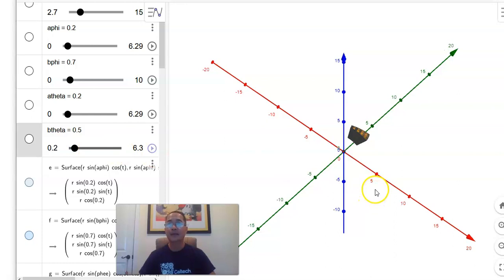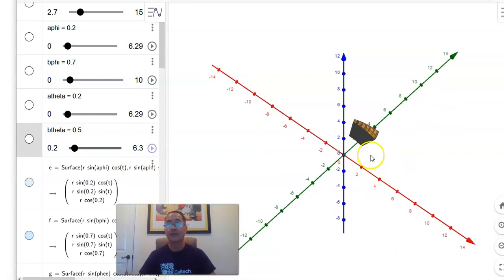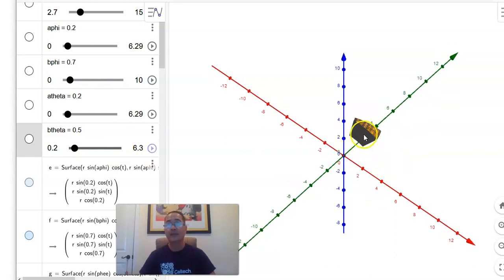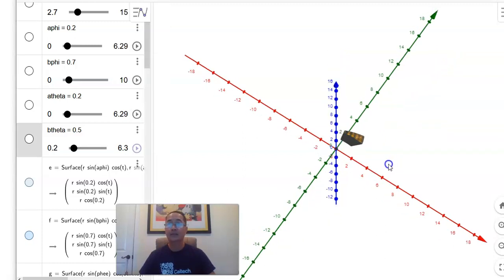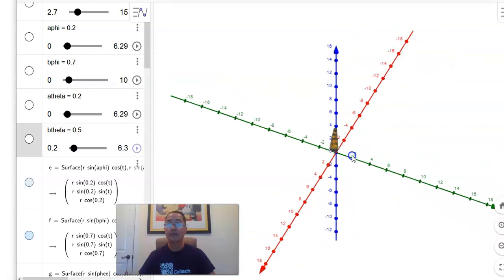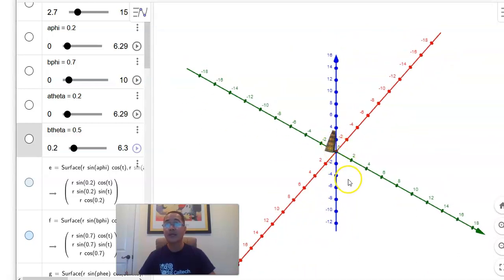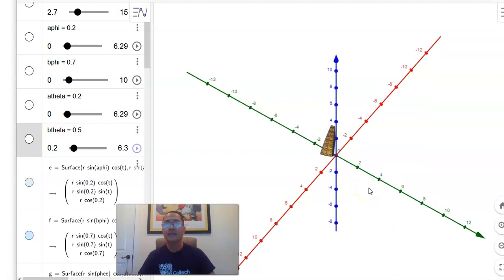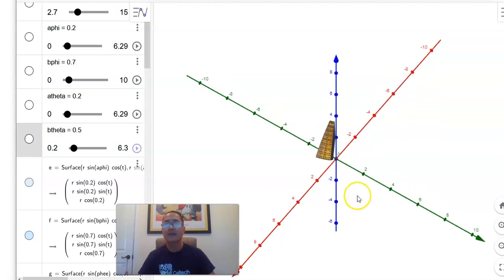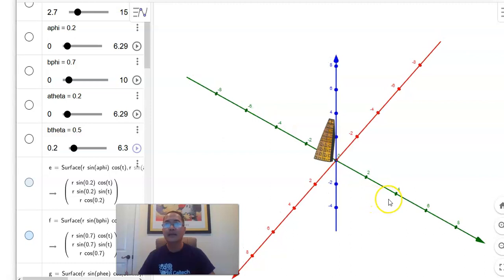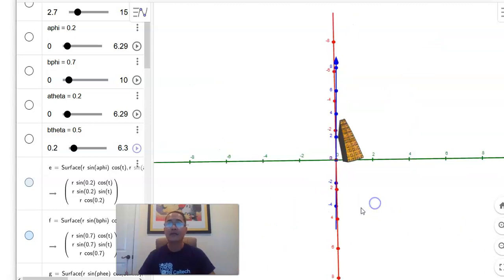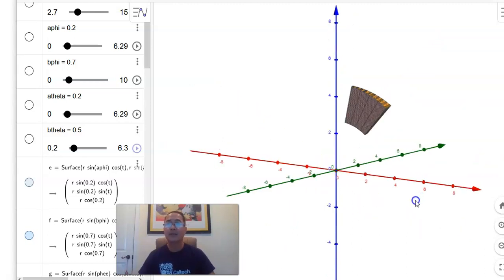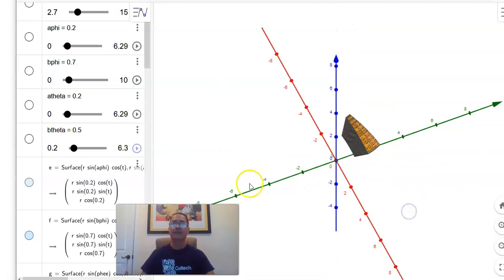Yeah, there you go. So there is this flat plane that is your a theta, and then let's spin it around a little bit. Your b theta is on the other side over here. Zoom in a little bit. Closer, closer. Yeah, there you go. So that is our spherical brick.